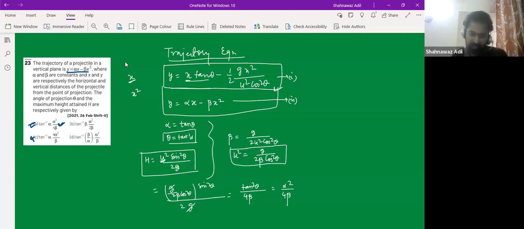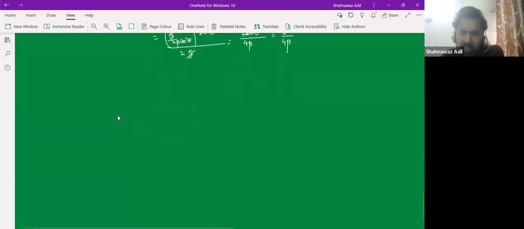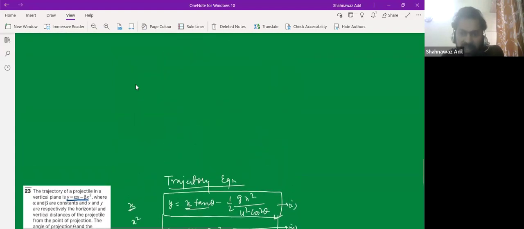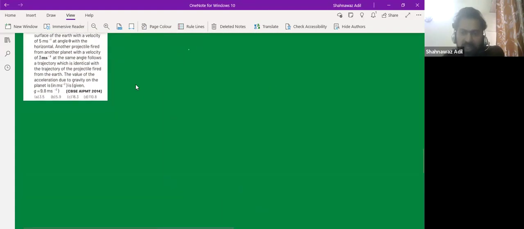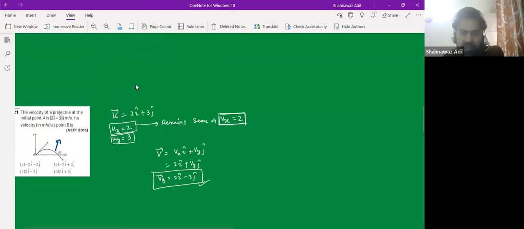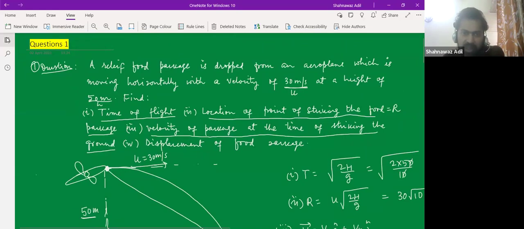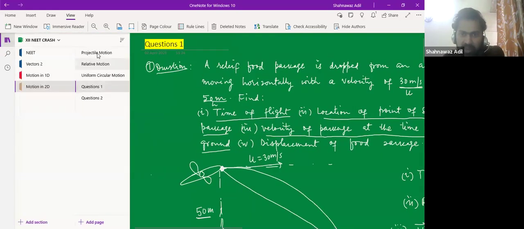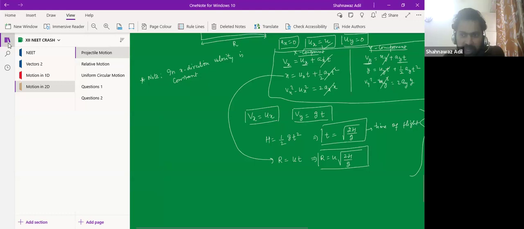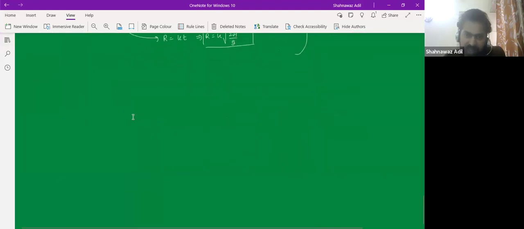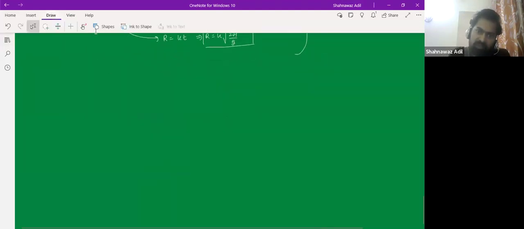Done, sir. Okay, before I go to the next part, can you tell me in what case there are two ranges which are the same? In a projectile motion, you must have learned this in your CBSE class. What is the case at which two projectiles cover the same distance?